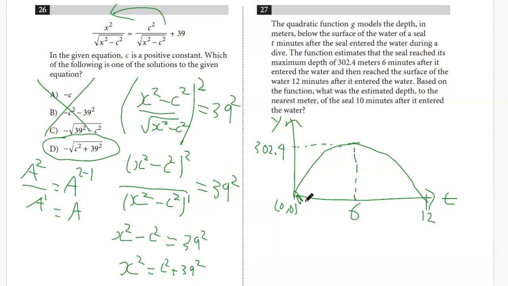And this is the origin here. All you gotta do is you have this canonical quadratic formula here. We're given three pieces of information here, right? So we have 0, 0, 6 comma 302.4, and 12 comma 0, right?